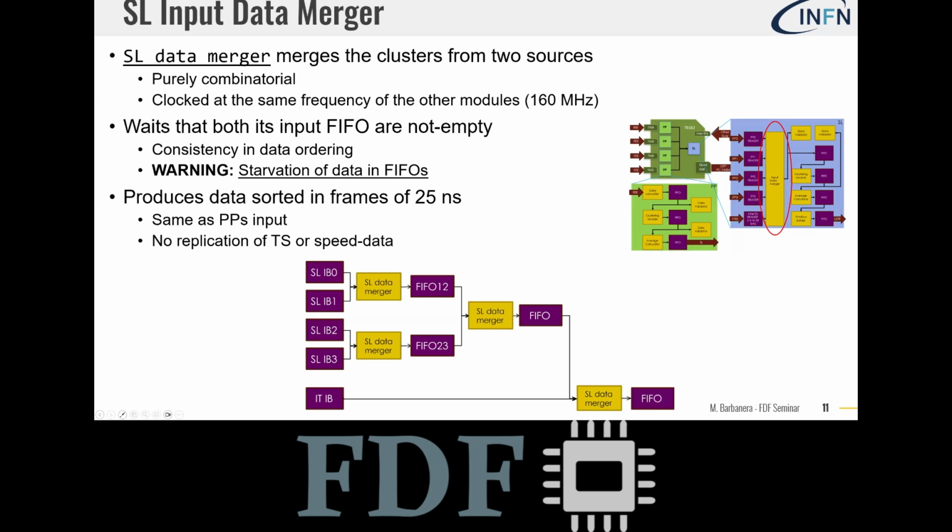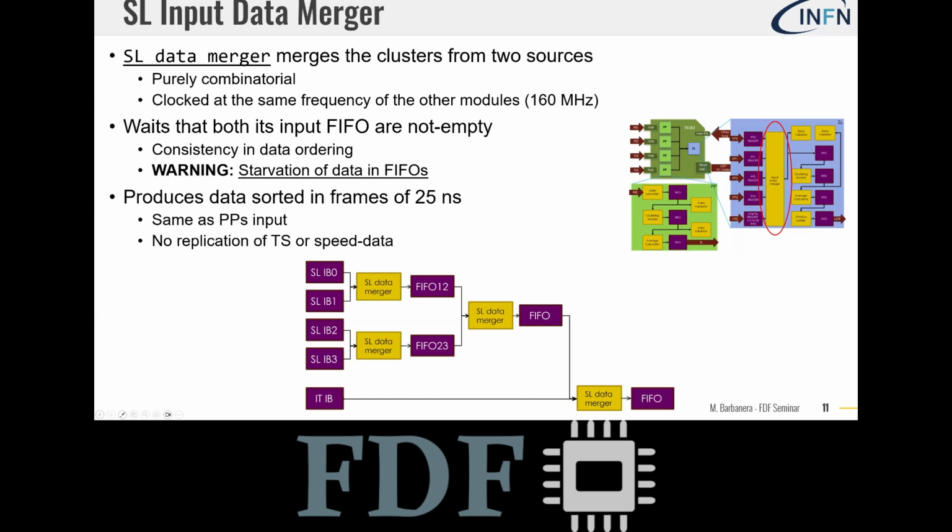So that's why we designed this fake data, so that they do not impact the clustering modules, since they have a number of hits 0, cluster time sum 0, and maximum find time. So the clustering module does not see them as actual data, and if they enter other clusters, they do not affect either the time of the cluster or the multiplicity of the cluster, but they help just to speed up the process of emptying the FIFOs.